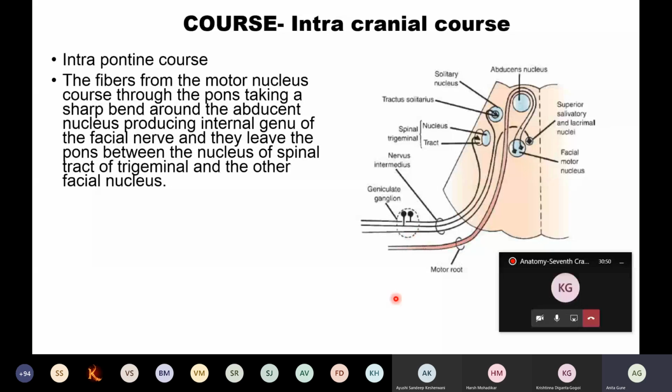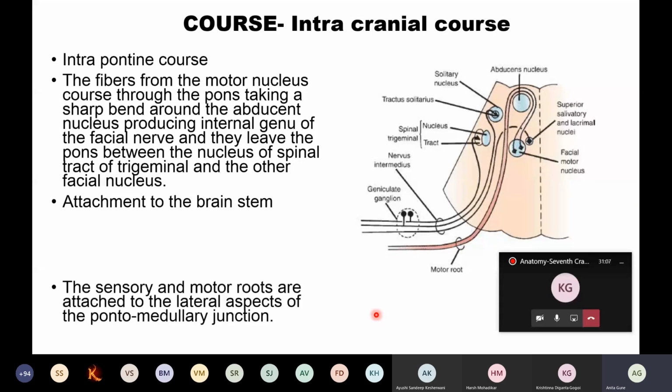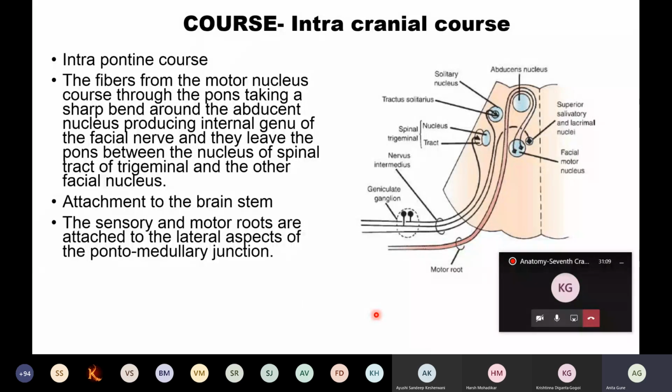So if you have to remember, in the intrapontine course, you have to recall the genu. Then it is attached to the brain stem over here, between the abducent medially and vestibulocochlear, at the junction of the pons and the medulla. They will arise as two different routes, that is a sensory route and the motor route.